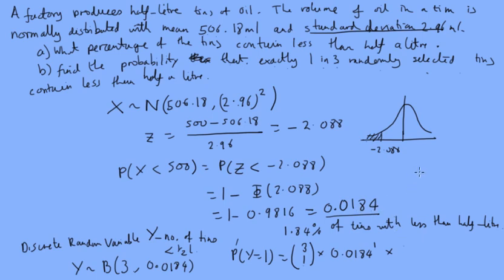So that's going to be 1 minus 0.0184, which is 0.9816, and it's 3 take away 1, which is 2. And plugging that into the calculator, you'll get 0.0532 is the probability of selecting one of the tins at random, 1 in 3. So I hope that helps.